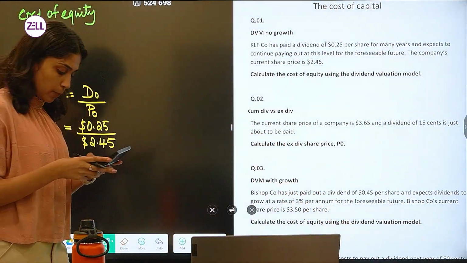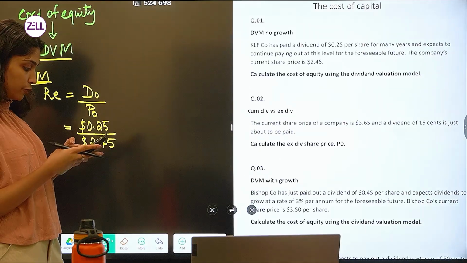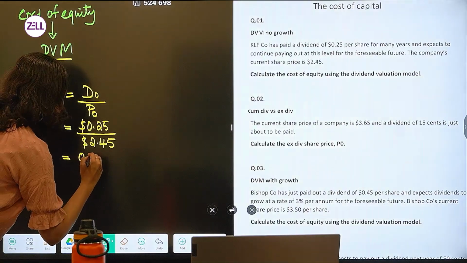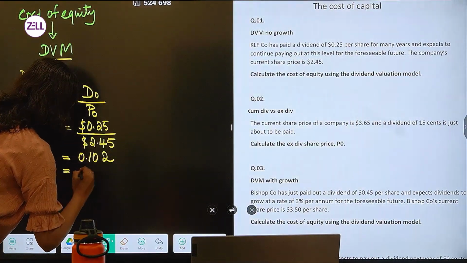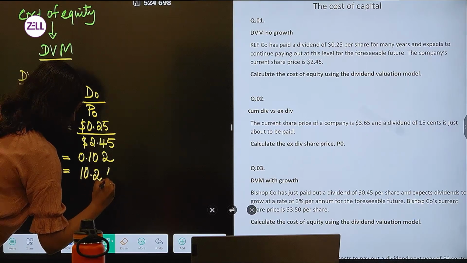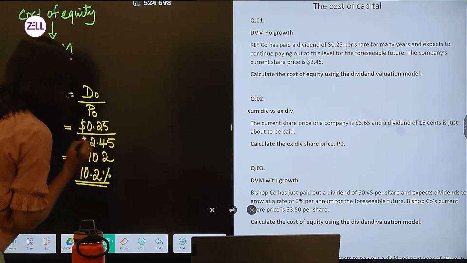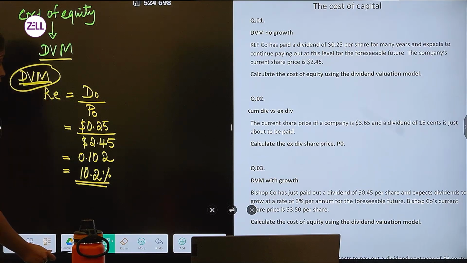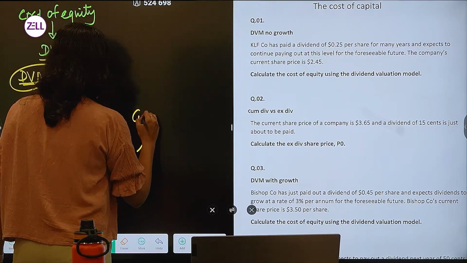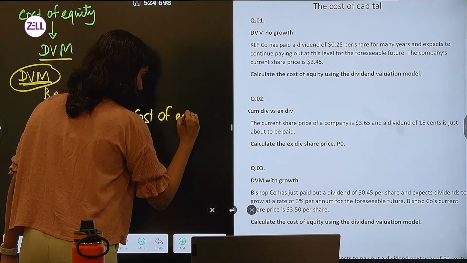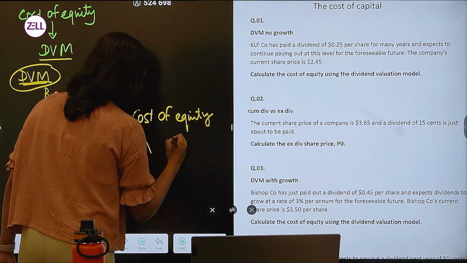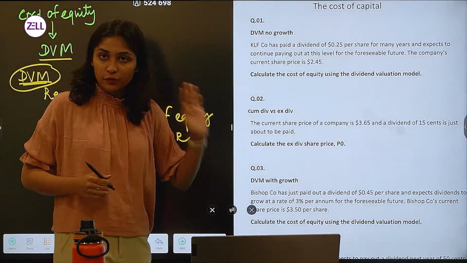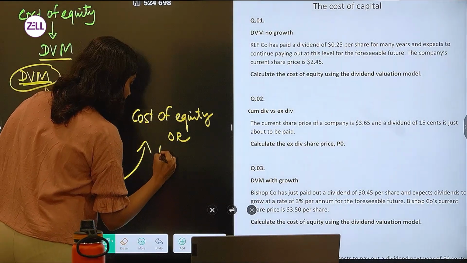Check in your calci. 0.25 divided by 2.45 into 100. So you get 0.102, which means it is 10.2%. What is 10.2%? 10.2% is the cost of equity, or I can say that any investor who has invested in this KLF company is expecting a return.